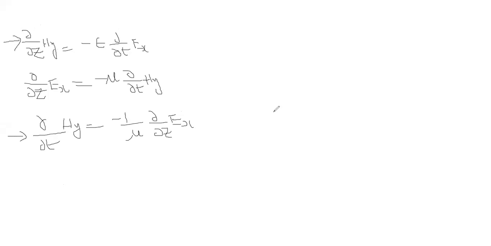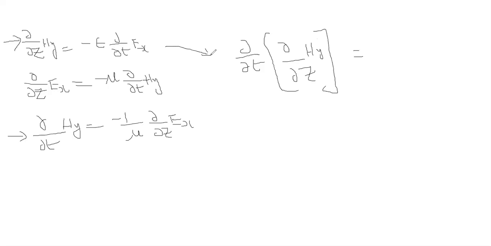Multiplying these two equations, dou by dou t of dou by dou z Hy is equal to, taking this equation and applying dou by dou t with respect to t, this becomes minus epsilon into dou square by dou t square Ex. Okay, that is the third equation.